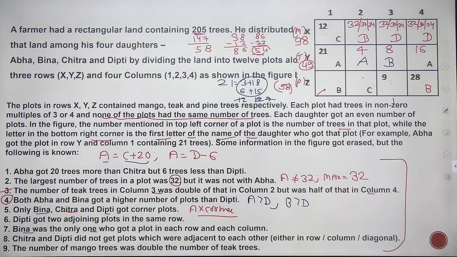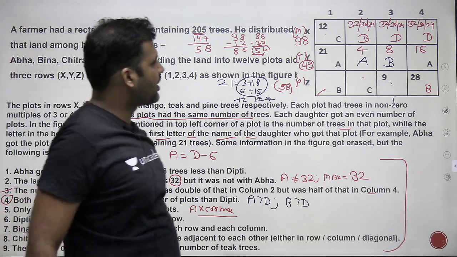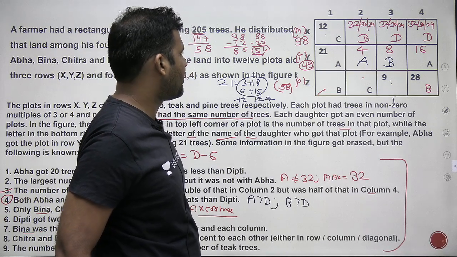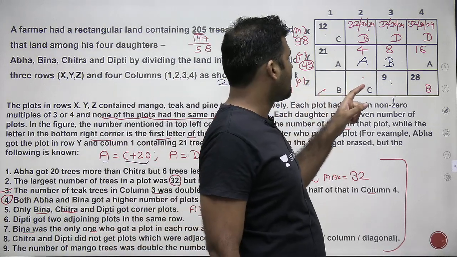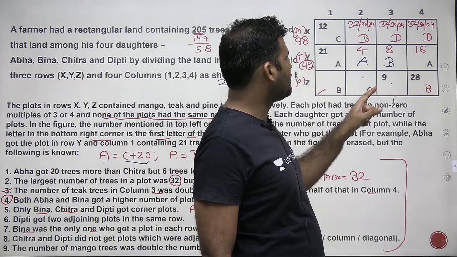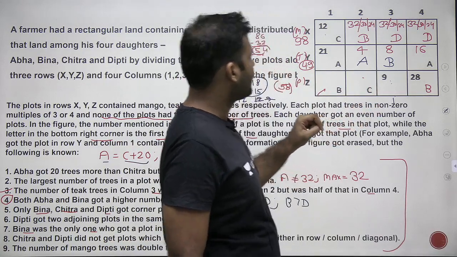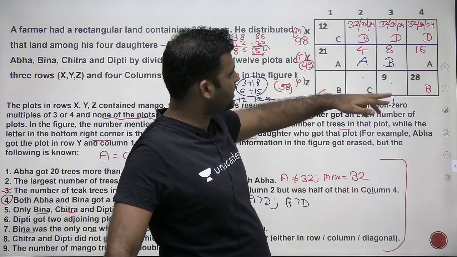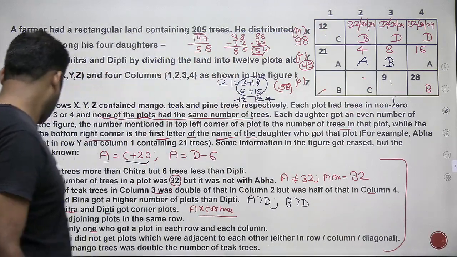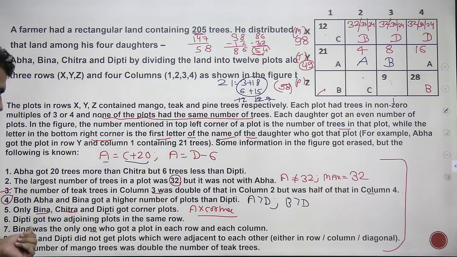Dipti got two adjoining plots. Beena was the only one who got plots in each row and column. That means nobody else can be in each row or column, right? Neither A at this point of time, C is here, C is here, C is not here. Beena is supposed to be the only one who got a plot in each row and each column.